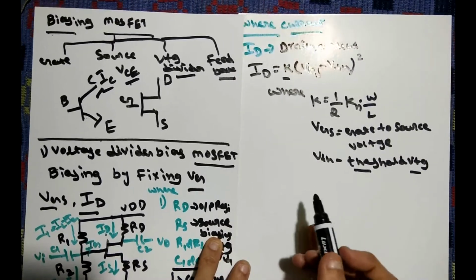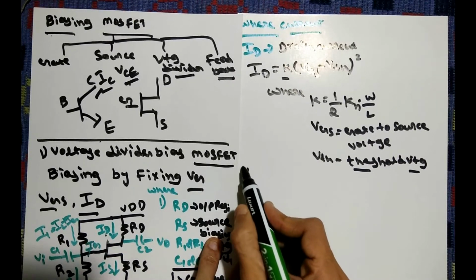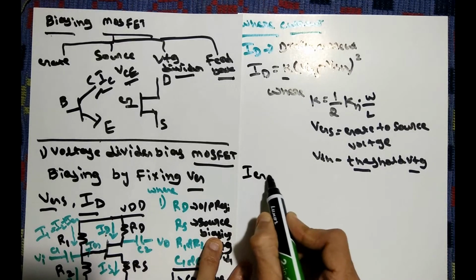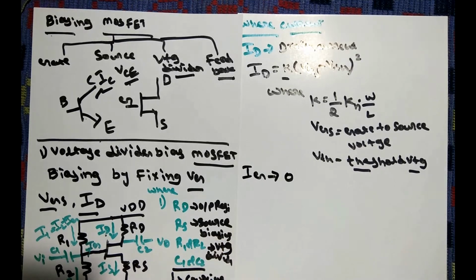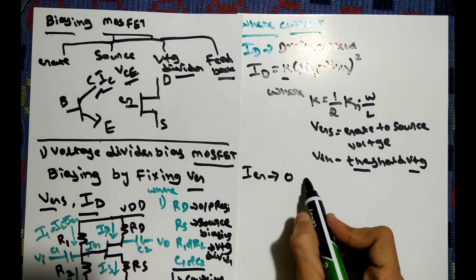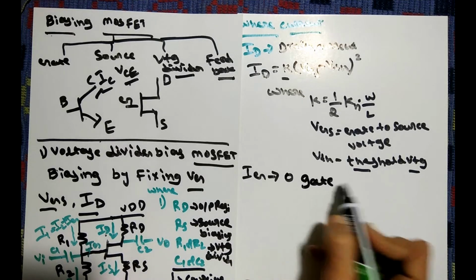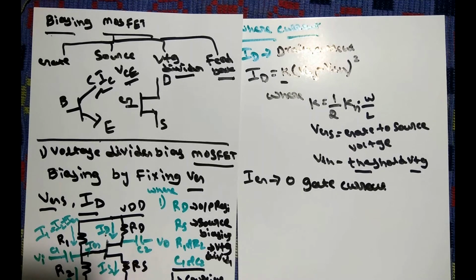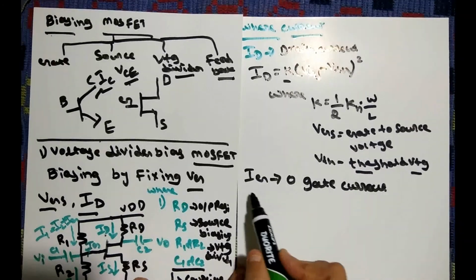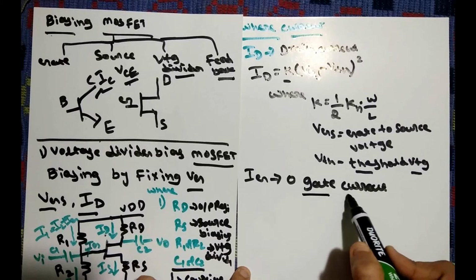One more very important point: the IG current we usually take as 0. Why is the IG current 0? IG is the gate current. In the theory portion we discussed what actually happens in the MOSFET when it is turned on and when it is turned off. For those reasons we take the IG current as always 0.